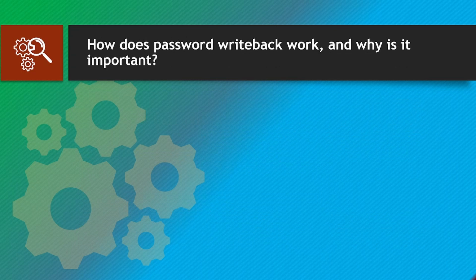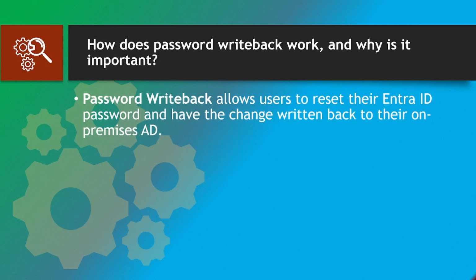Moving to the next, how does password writeback work and why is it important? Password writeback allows users to reset their Entra ID password and have the change written back to their on-prem AD. If a user is connected to Azure AD and wants to change their password, they can change it there, and the updated password will be written back into the on-prem AD, which is what is called writeback.